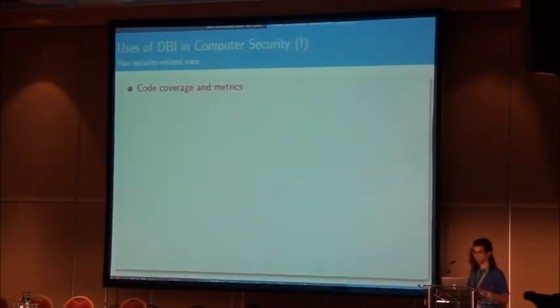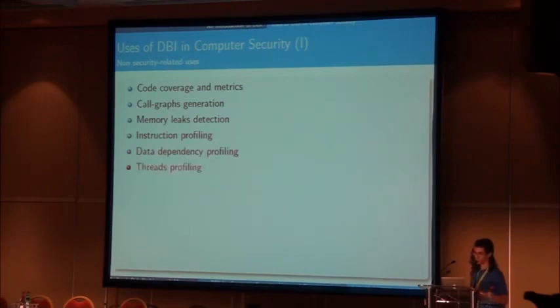So let me tell you about some first non-security uses of DBI: mainly code coverage and metrics, call graph generation, memory leak detection, instruction profiling, data dependency, thread profiling, and race condition detection.